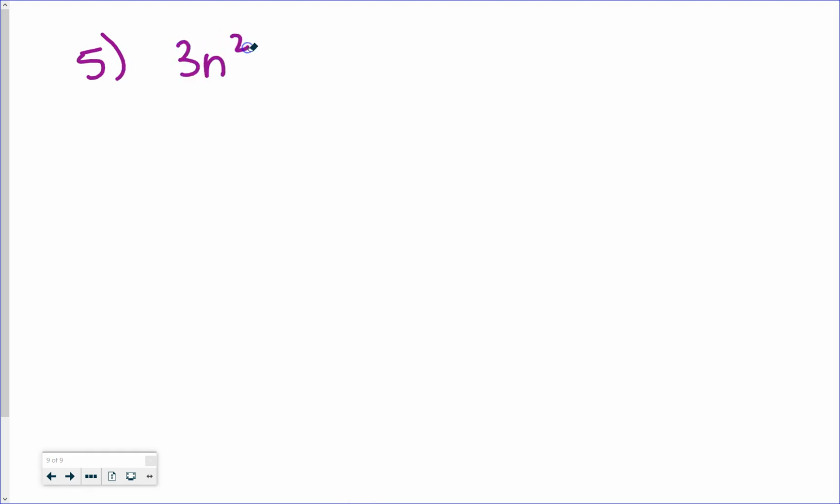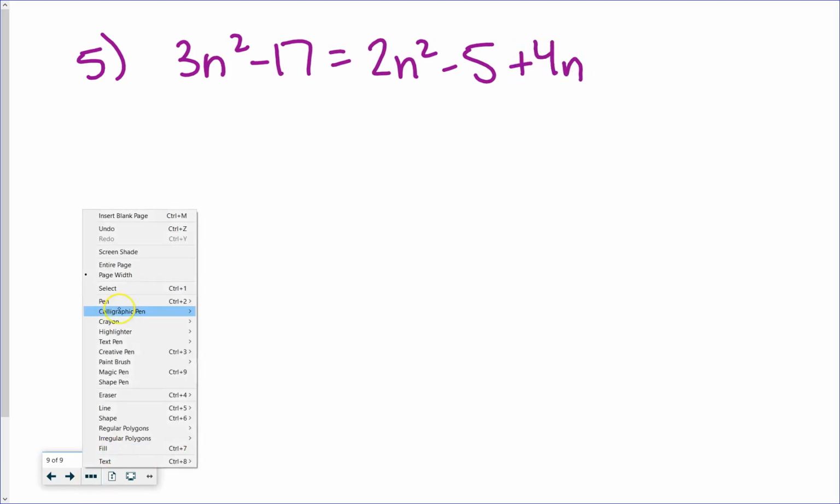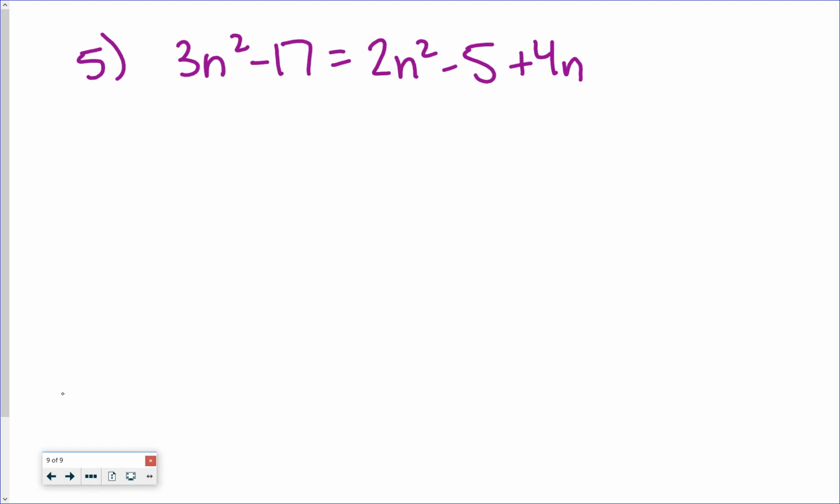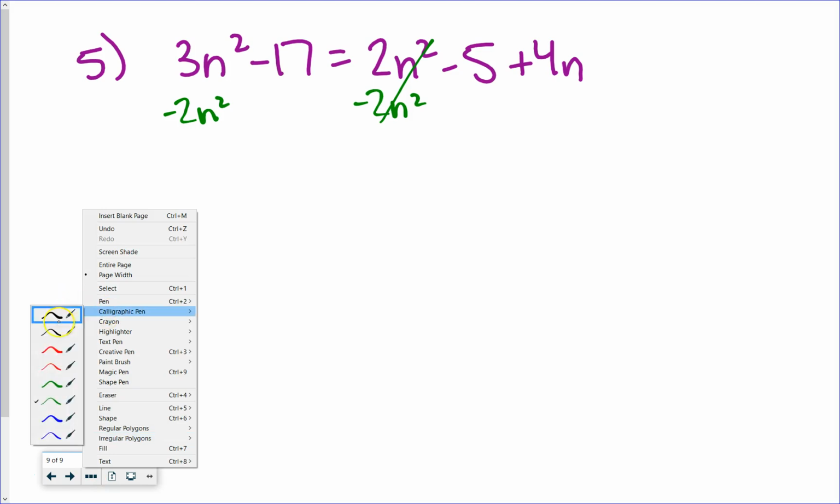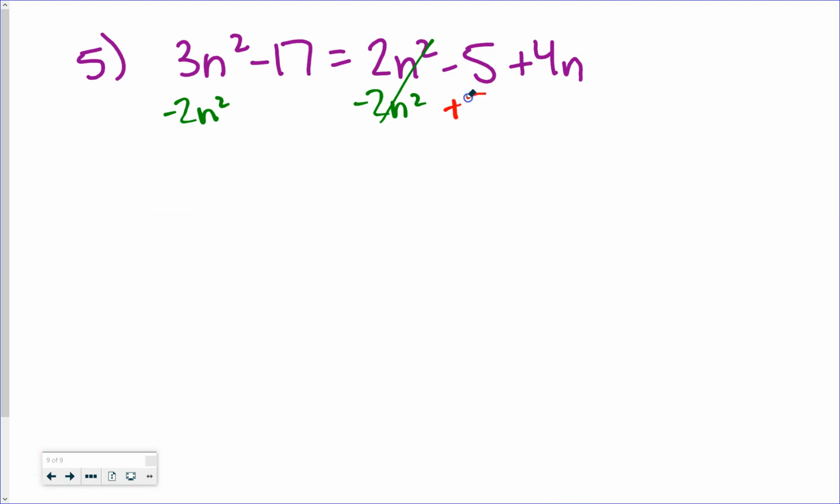So 5 is 3n squared minus 17 equals 2n squared minus 5 plus 4n. Okay? To make it equal to 0, you have to move everything over. I like keeping n squared positive, so I don't have to divide by -1 later. So I'm going to subtract 2n squared to this side. I also need to add 5 over, correct?